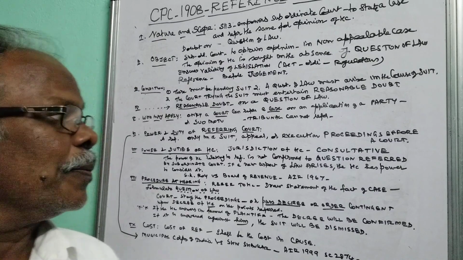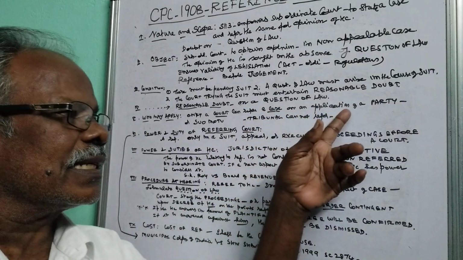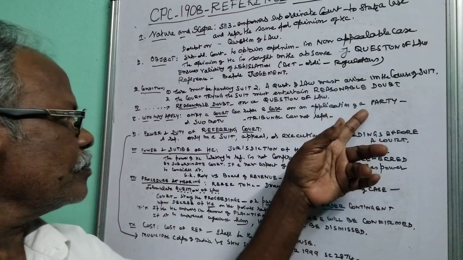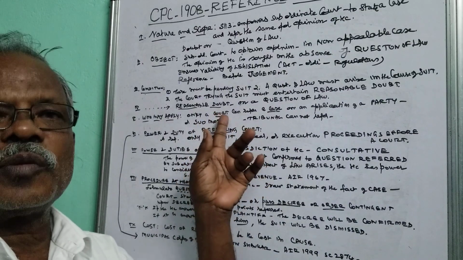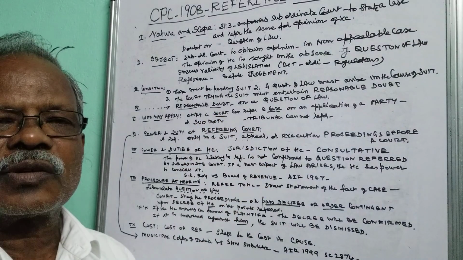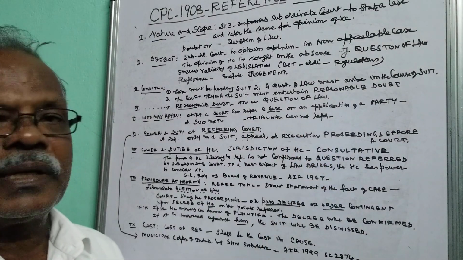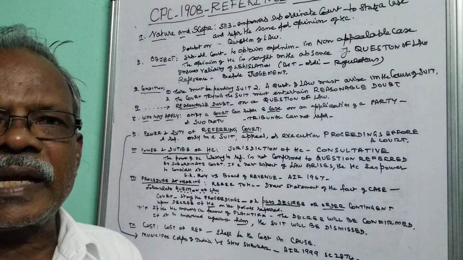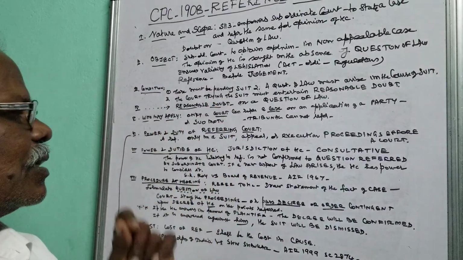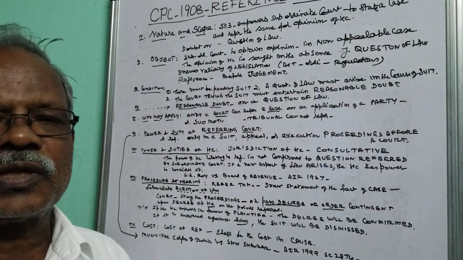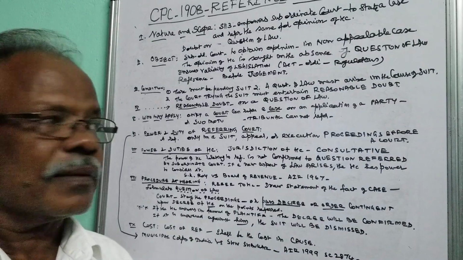So a court can refer a case on an application of a party, or suo motu. Suo motu means on its own; the court itself will refer the matter. Tribunals cannot refer a matter to the higher court. So this is who may apply: the parties to the suit, or suo motu.